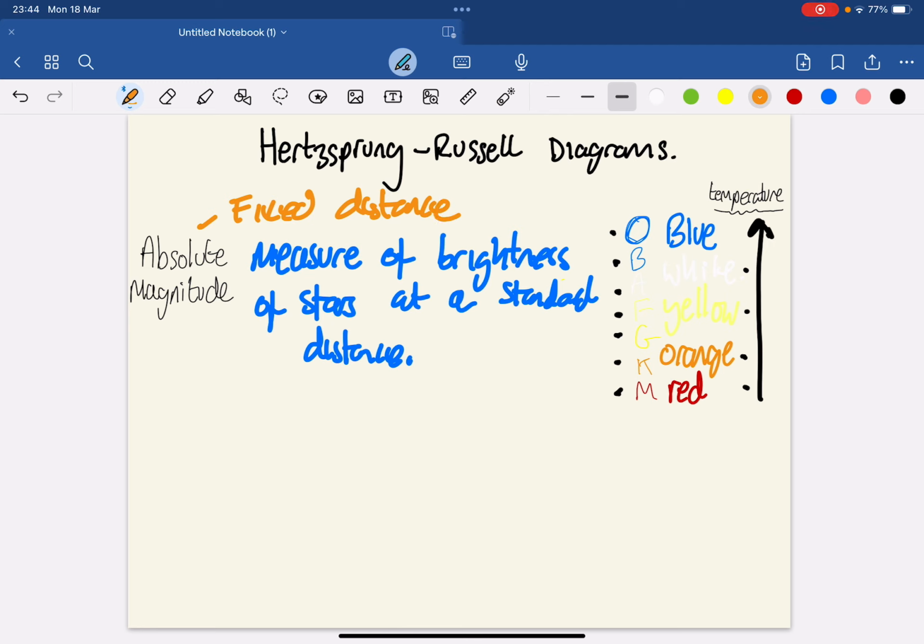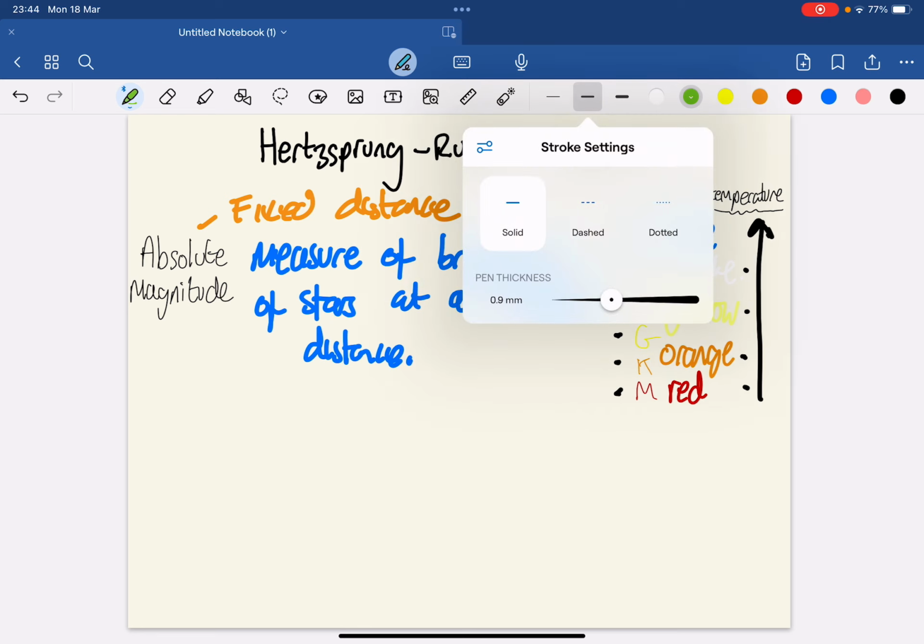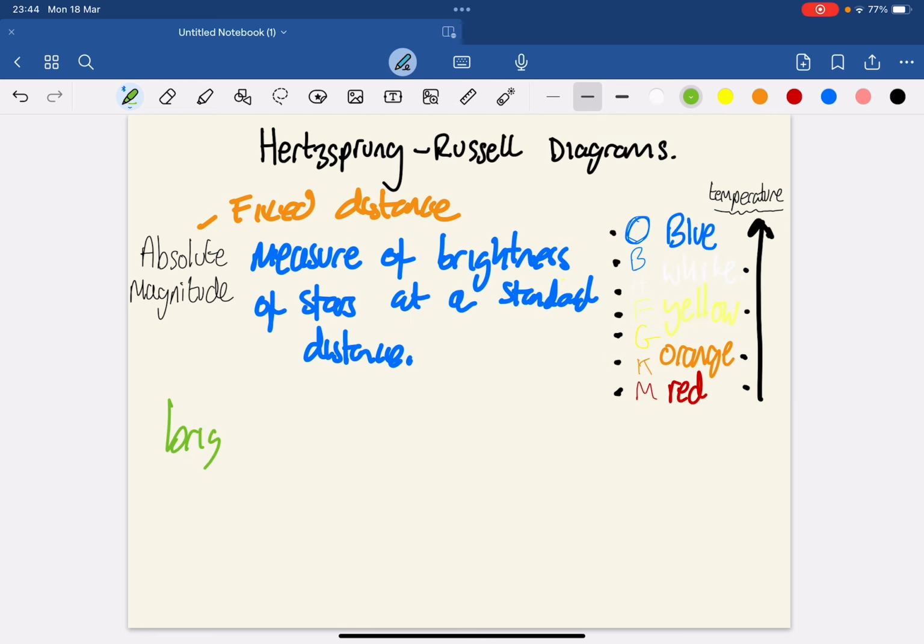Now, quite often we'll see that the brighter the star, if we look in the night sky, depends on its size and or its surface temperature.